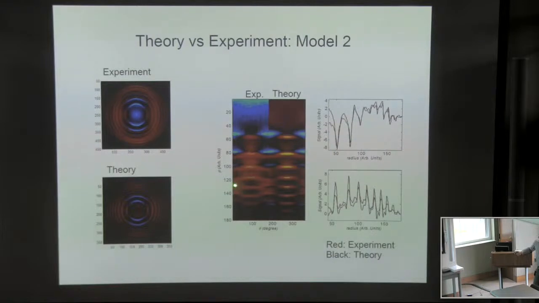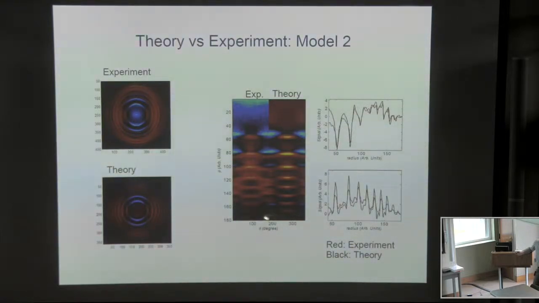So when we look at the theory, now this theory is for my Model 2. We can see that, at least looking at it in this sort of carpet plot style fashion, that seems to be reasonable agreement, at least qualitatively.